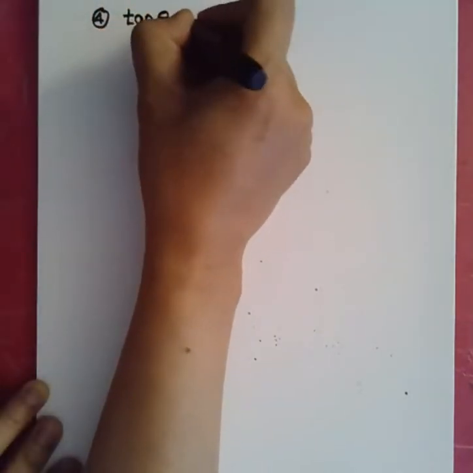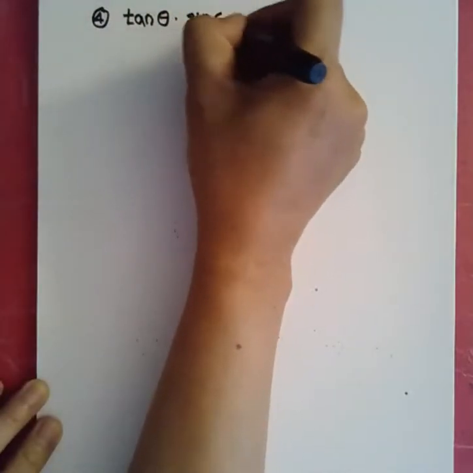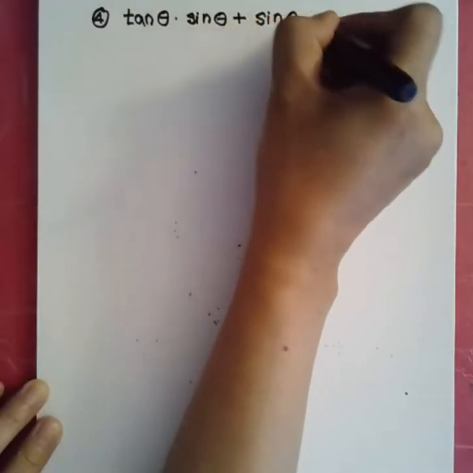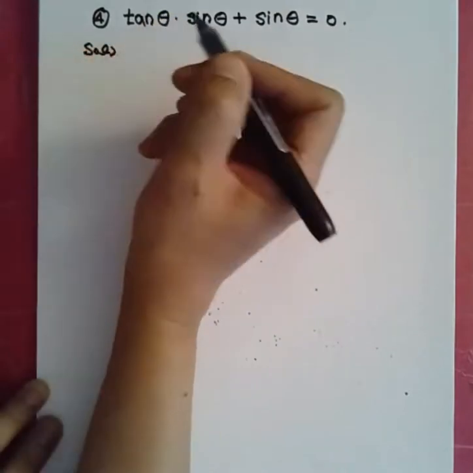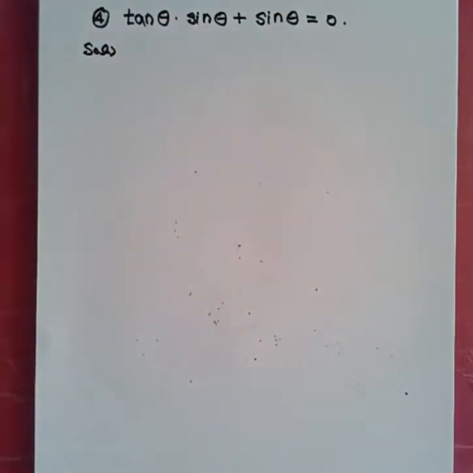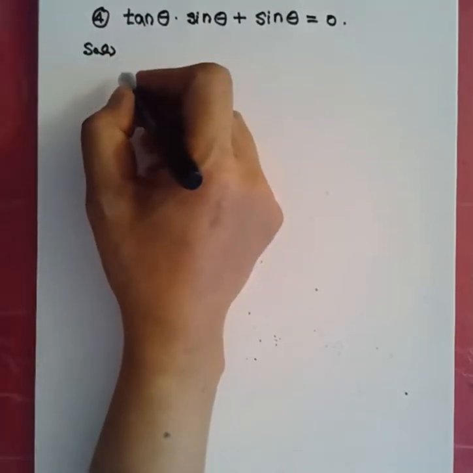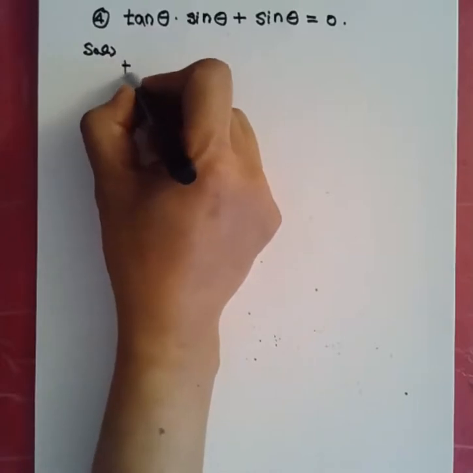The next problem is tangent of theta times sine of theta plus sine of theta equals 0. In both terms, we have sine of theta, so we can take out sine of theta.